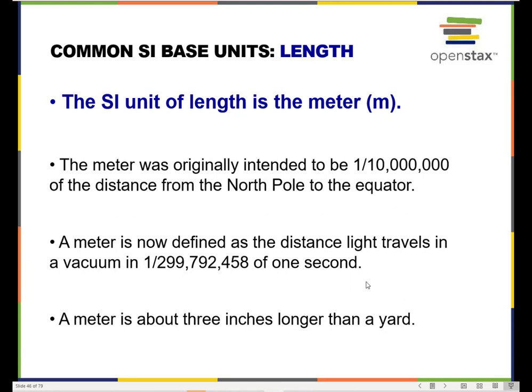So, you know, the speed of light is constant. Light always goes the same speed in a vacuum anyhow. So if we measure the distance that light travels in this amount of time, which as you can see is an incredibly small amount of time, the distance that light would travel in that amount of time is 1 meter, exactly 1 meter.